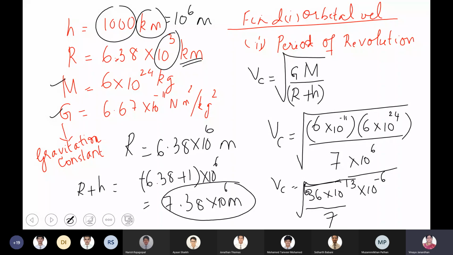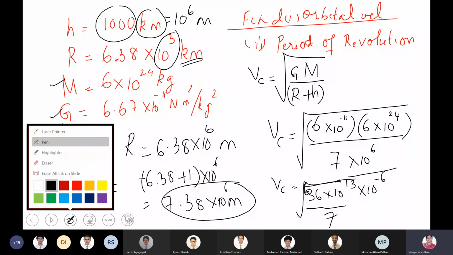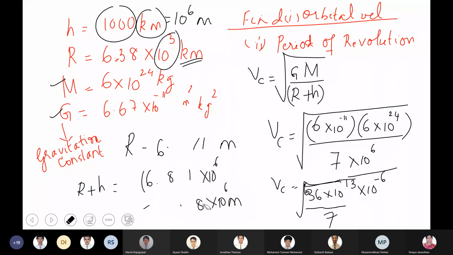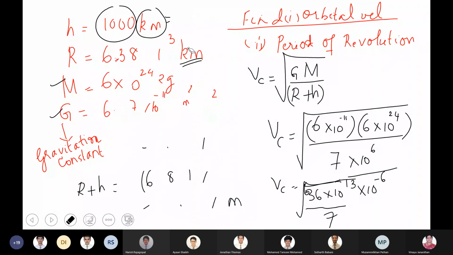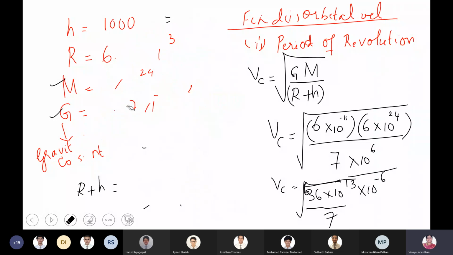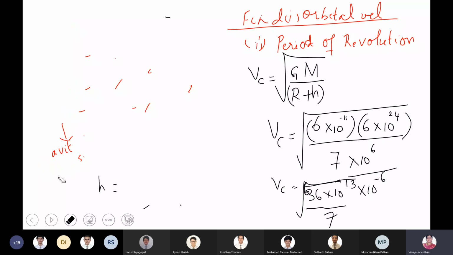Now what we need to do is just make it a whole number. So 10 to the power of, it becomes minus 7. Sorry, plus 7. So you can keep it as 10 to the power of plus 6 and just make this 360.